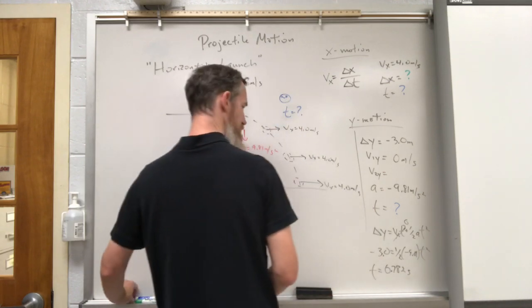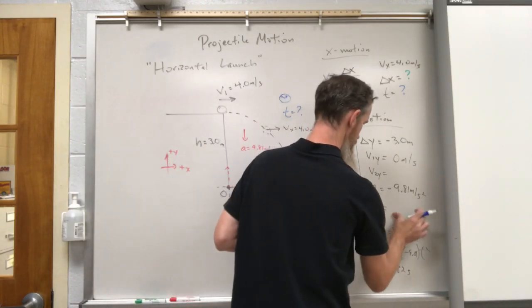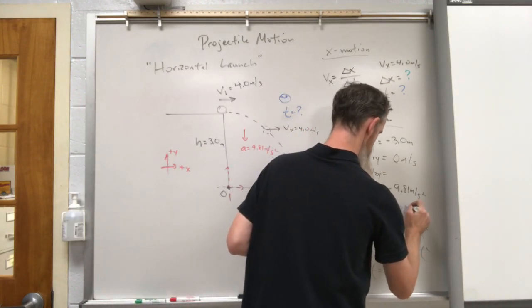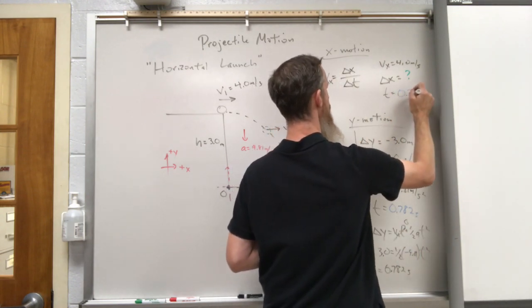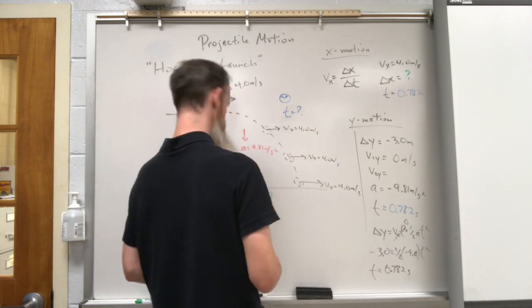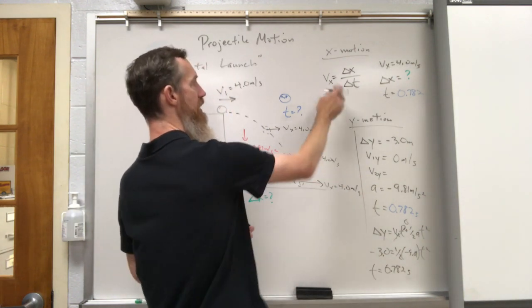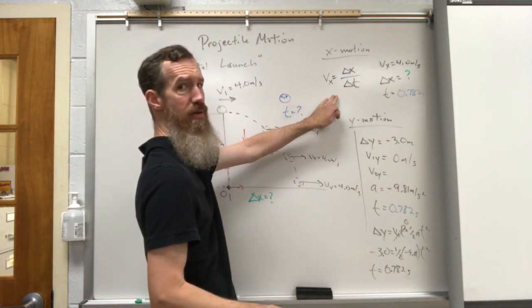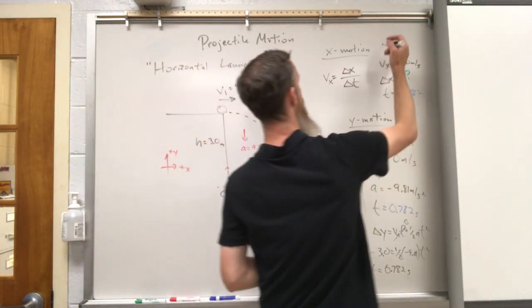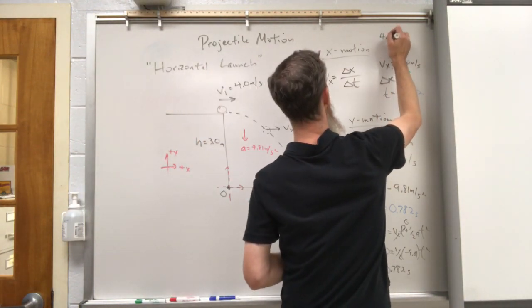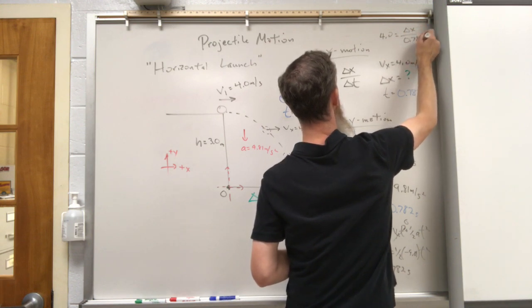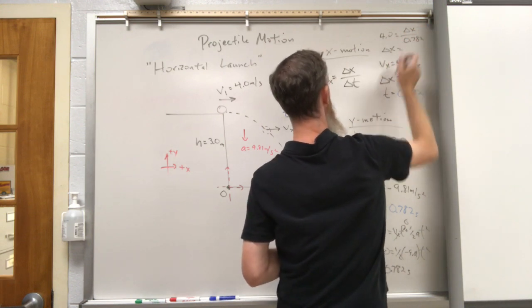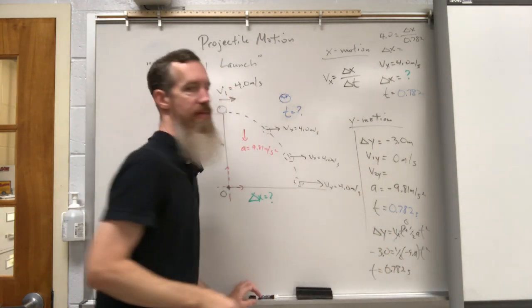And so I can plug that in. So now that I know the time is 0.782 seconds, I can use that here, 0.782 seconds. And now that I know that, of course I can plug into this little formula, and this is the only formula you can use for the x direction. I can plug into that, and 4.0 equals delta x over 0.782, delta x equals, and I can solve that.